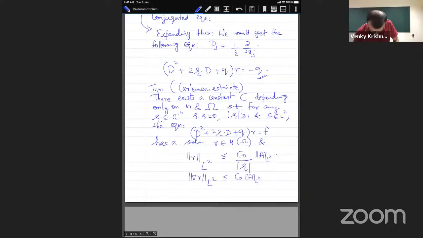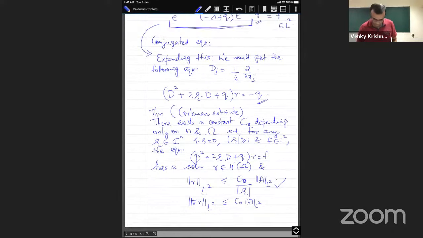Okay, so just look at this estimate over here. The constant C naught is independent of the parameters. So now you see that R in the L2 sense is bounded by some constant independent of the parameters. And now you let mod zeta go to infinity.